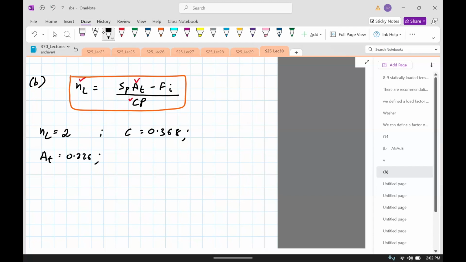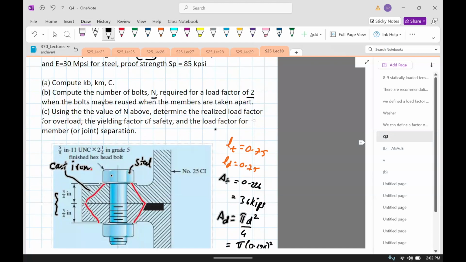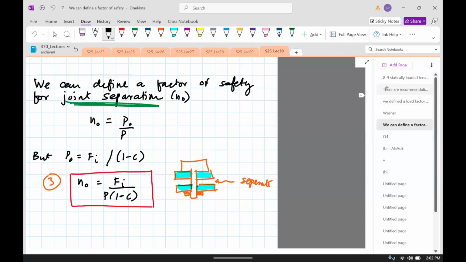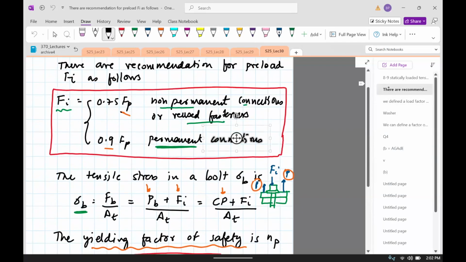SP, if you see the question, we're given the proof strength is 85 kpsi. So with that, we'll try to compute Fi. We know that Fi for a reused fastener is 0.75 FP. This basically came from here, so 0.75 FP.